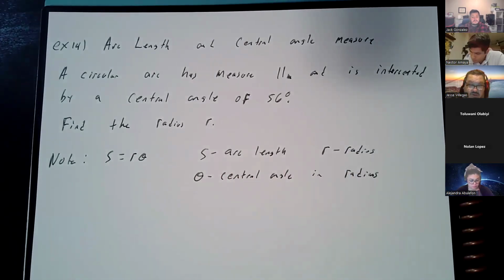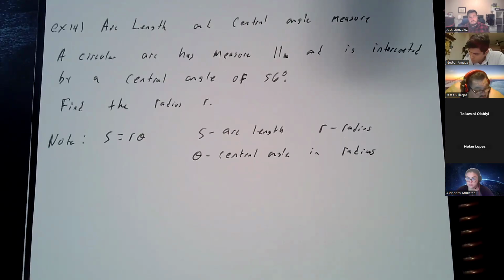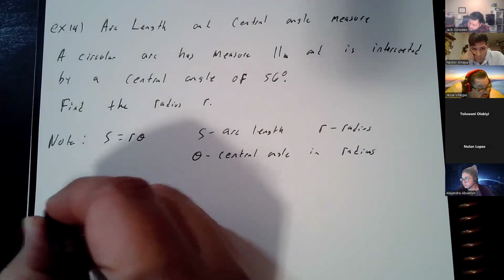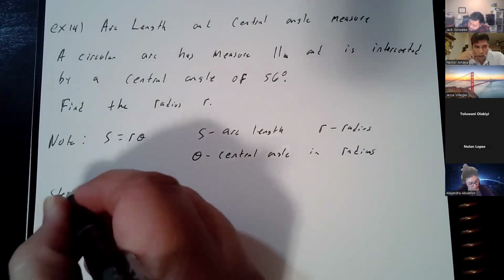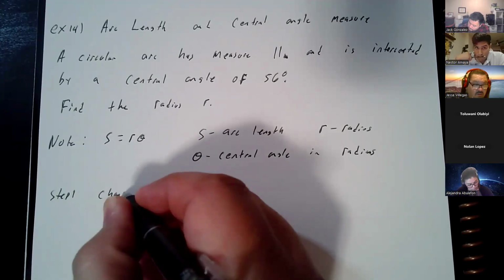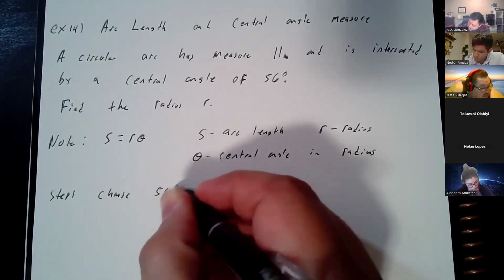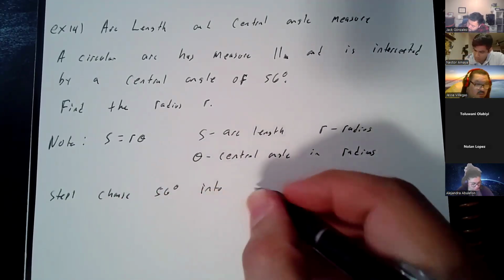If it's not in radians, you're going to have to change it. So they gave us degrees, right? Gonna have to change it. Okay, so step one, change 56 degrees into radians.